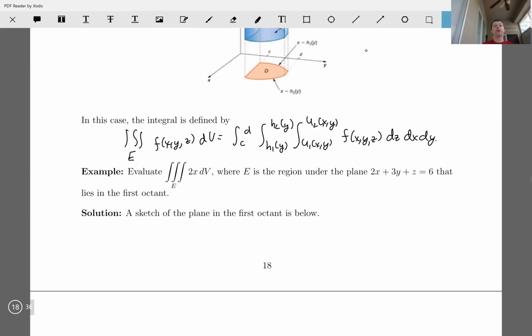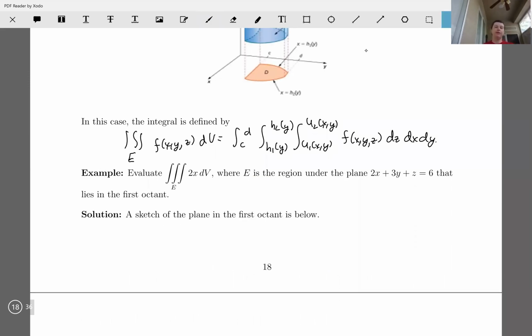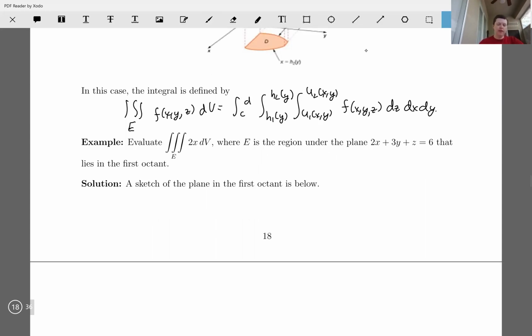Instead of going through all of the possibilities, because there are quite a few, let's look at some examples. So let's integrate the function 2x over the region E, which is the region under the plane 2x plus 3y plus z equals 6, lying in the first octant.